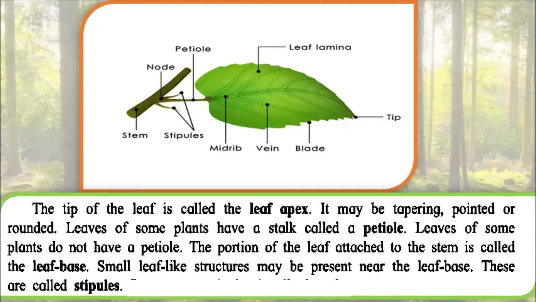So these are a few important parts that you need to know about. Apart from that, you can also see lines on the leaf, right? Those lines are also important because we are going to learn about them in detail. So you have to pay attention to the pattern of the lines on the leaf.